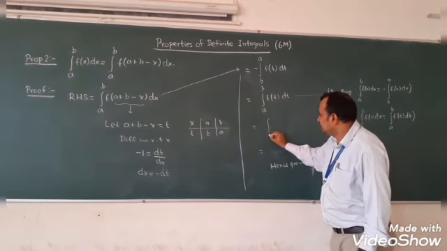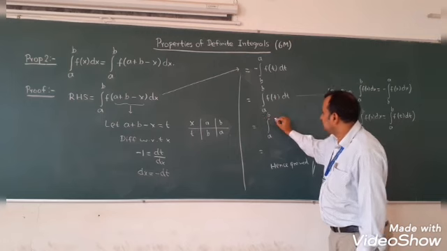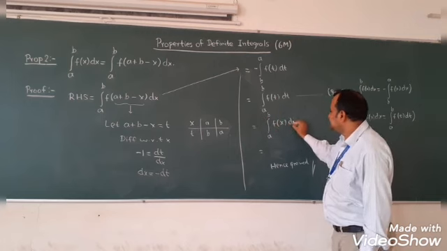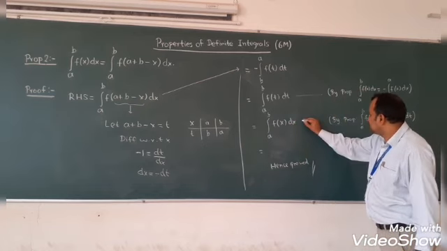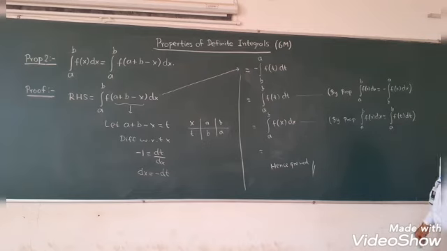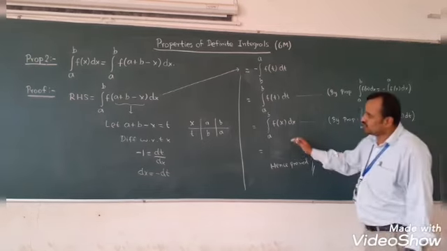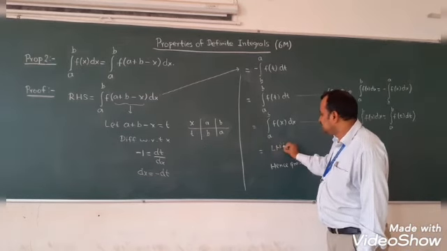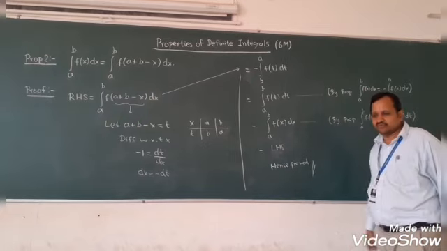So this we can say a to b f of t is nothing but x, dx. So by using the property, a to b f of x dx is equal to a to b f of t dt, right? And you can see this is nothing but the left hand side. So here we can say hence proved.